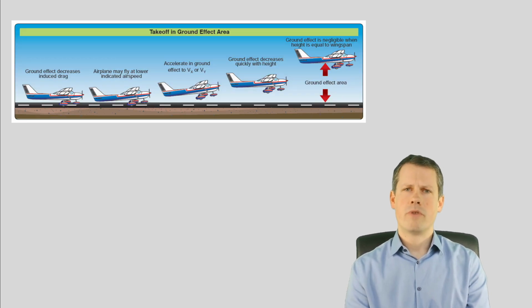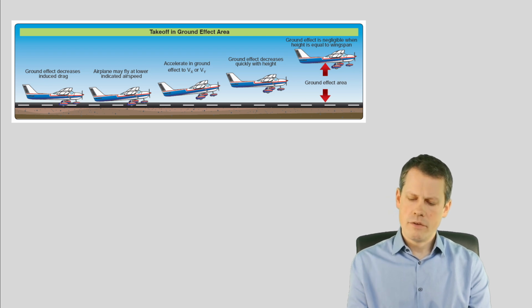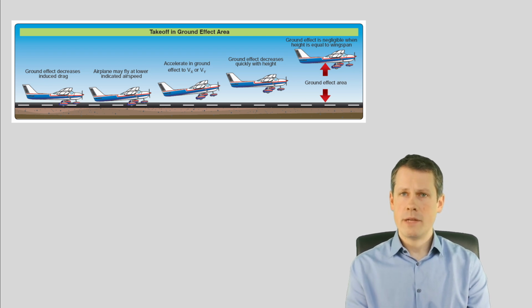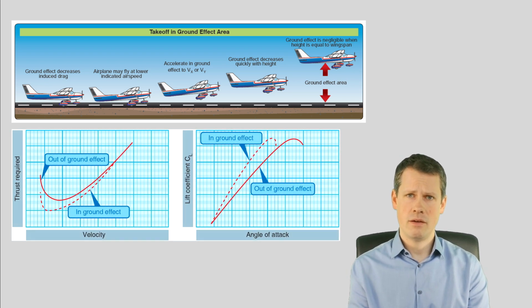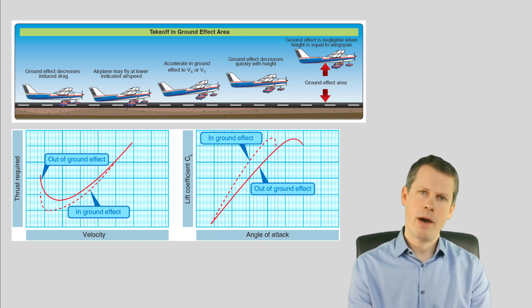Now, we've talked about ground effect a little before. So here on this image, you can see takeoff in ground effect. If you're really limited on performance, the airplane might be able to fly in ground effect at a pretty slow speed, but it won't be able to climb out of it.